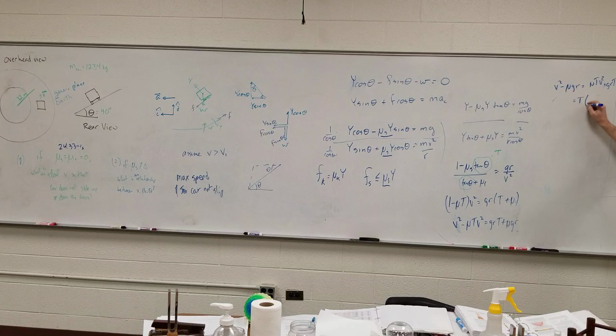Factor the t out, I'm left with mu v squared plus gr. And so ultimately, the tangent of theta, big T, is equal to v squared minus mu gr over mu v squared plus gr.